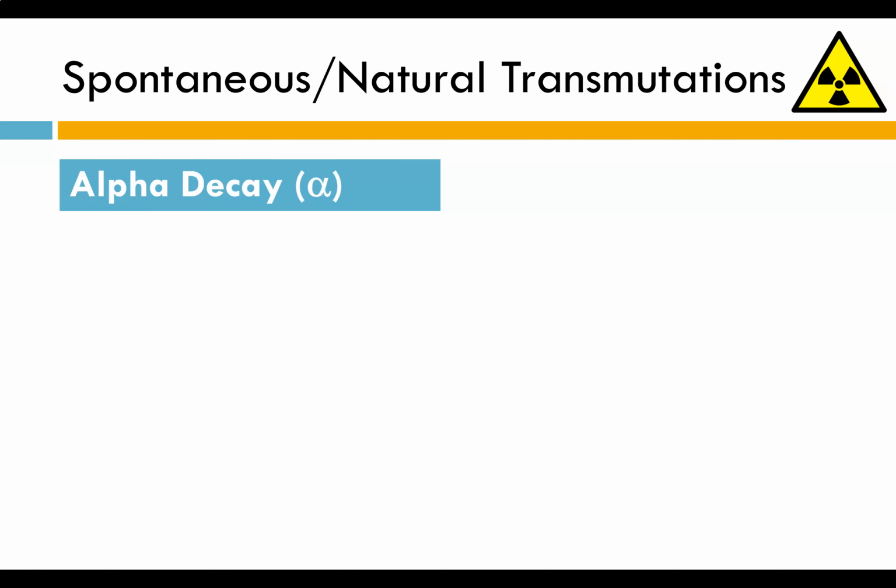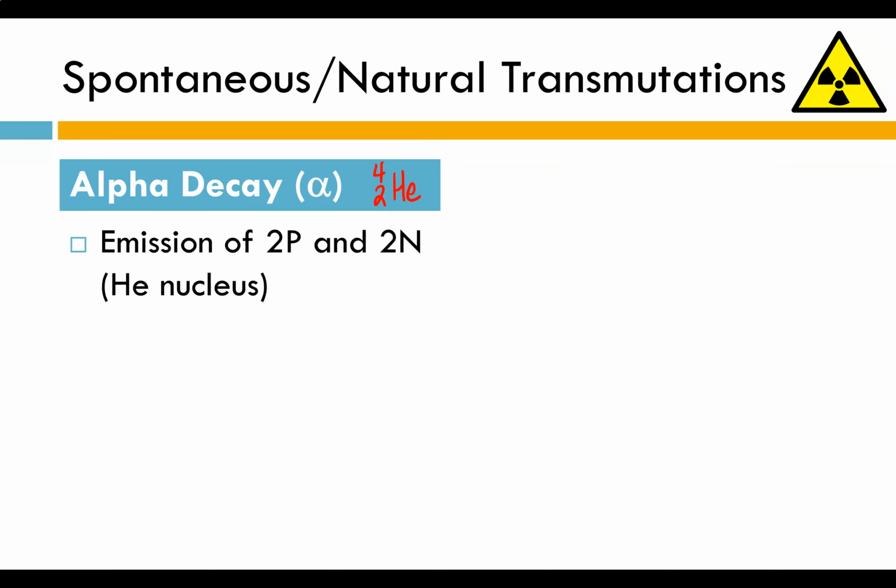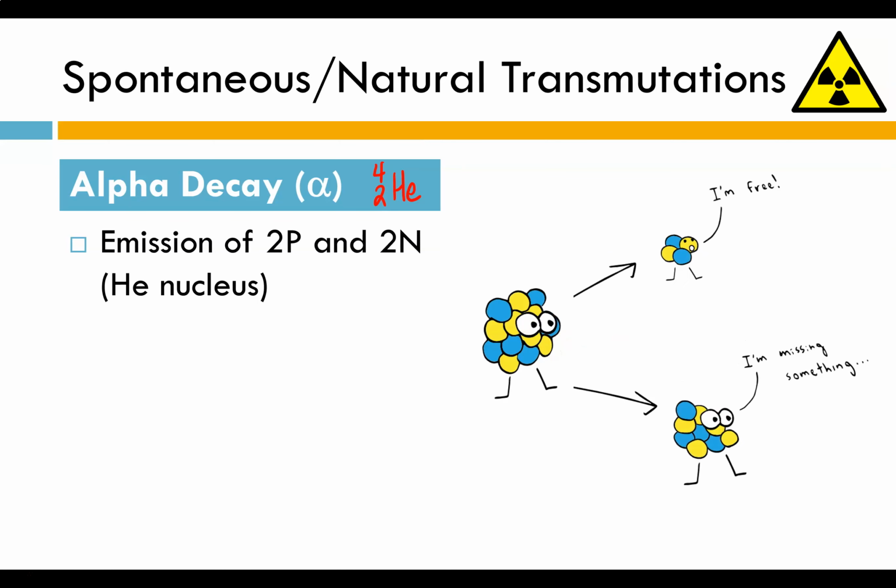Up first, we'll have alpha decay. That's a symbol alpha. You might also see a helium nucleus, 4,2He. When alpha decay occurs, the nucleus is going to emit 2 protons and 2 neutrons that have been fused together, effectively a helium nucleus.